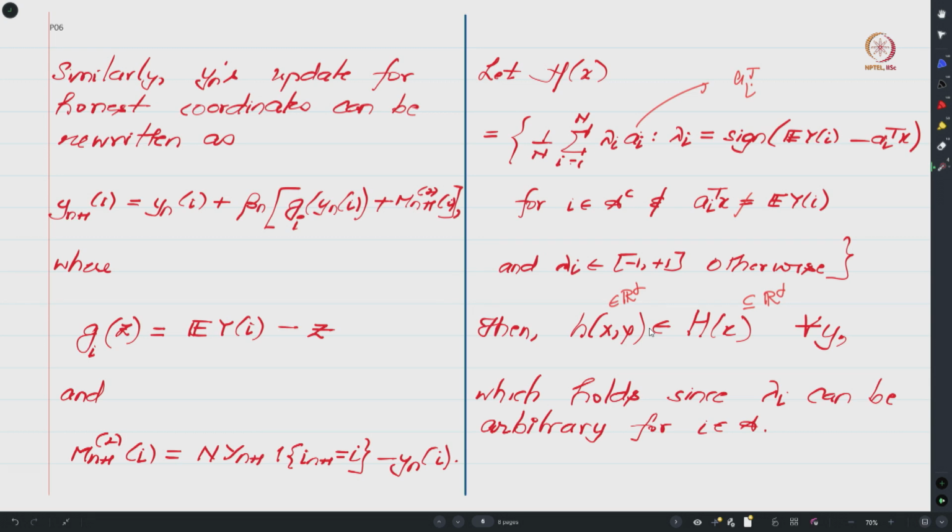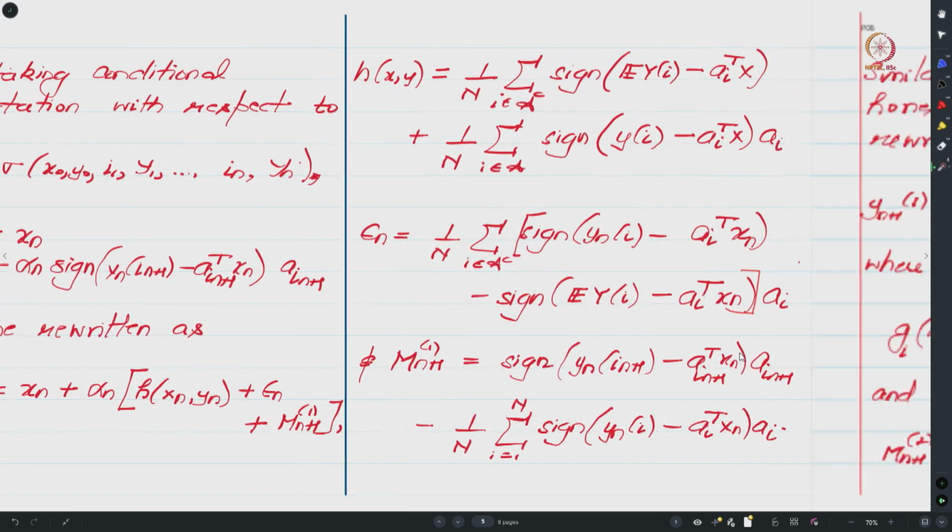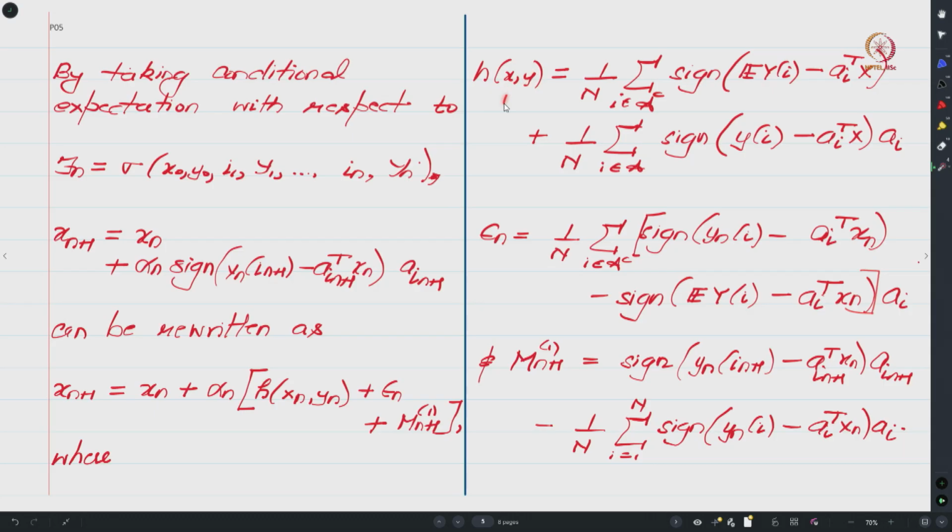So that is something that can be verified, and this actually holds because, as I told you, whatever be the value of y, this can be some arbitrary sign expression depending on the value of y. But whatever be this value, the sign function can only take values between -1 and +1.